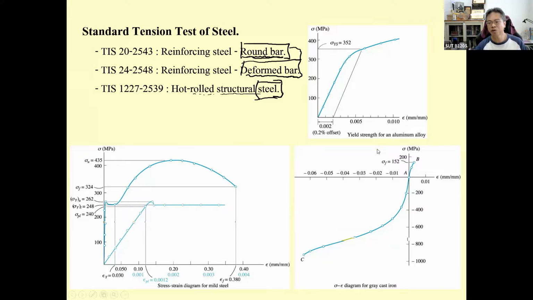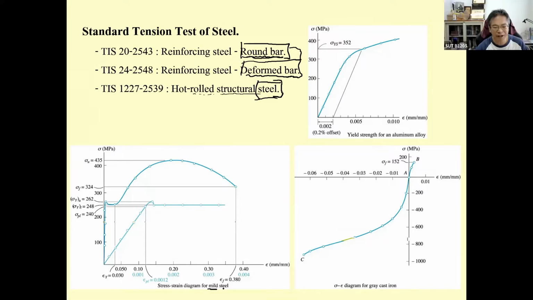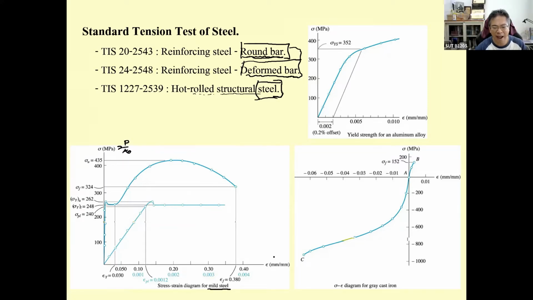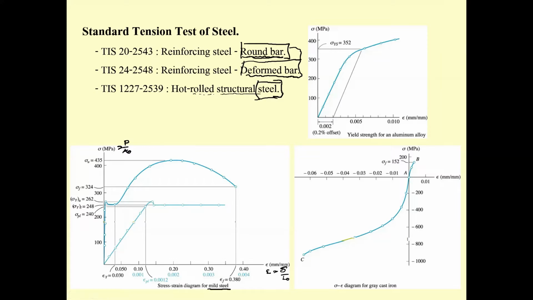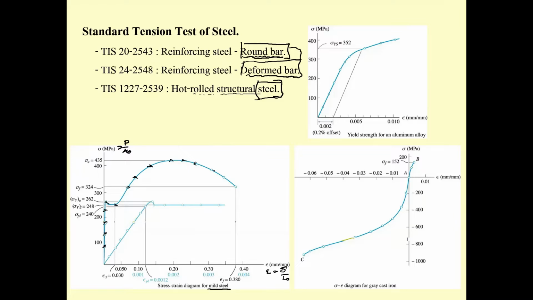And let me show you 3 types of them. The first one, I'm talking about the mild steel. Review what we had in the last lecture: when we test, we divide the force by the area, and we divide the deformation by the original length, and we plot the graph. We will normally have 2 scales of graph for some materials, like for this steel.